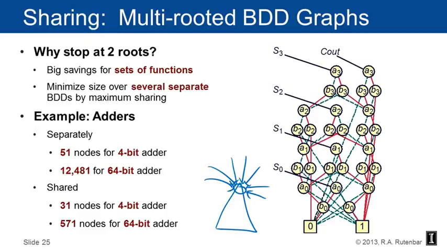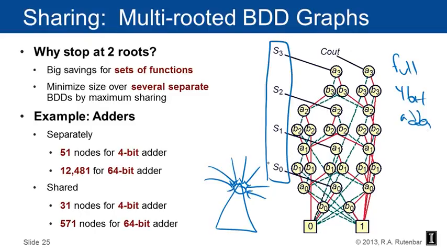You can minimize the size over several separate BDDs by maximizing this sharing. So the thing that I'm actually showing you on the right is the full 4-bit adder. And so what you're seeing are the 4 sum bits, and also the carry out.